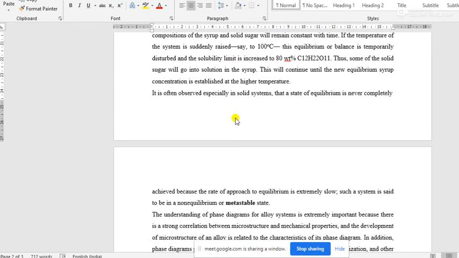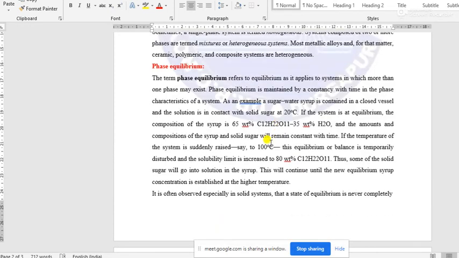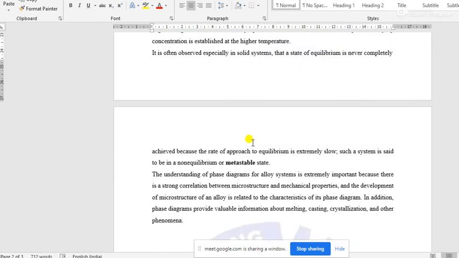In those cases, a metastable condition may happen. In a sugar syrup solution, sugar will dissolve readily in very little time, but in a solid mixture or alloy system, the solid components or compounds are not so easily soluble in the mixture.